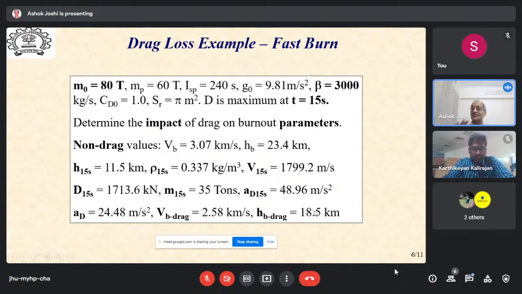And this is what launch vehicle trajectory design and optimization is primarily all about: how to manage this loss such that you get the best performance at the end of the trajectory as possible, and that will directly have an impact, as you can see, on your burn profile. And this burn profile will now go into your configuration design of your rocket motors. So you will find that this is where the trajectory and the configuration design connection is.